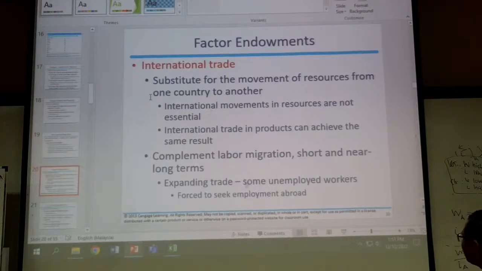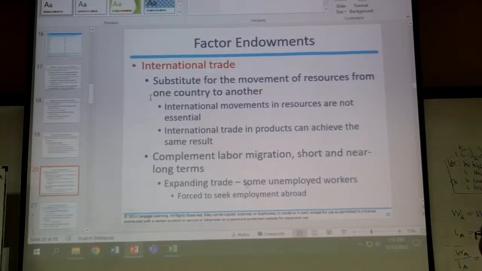Trade complements labor migration, in the short and near long terms. With expanding trade, some unemployed workers will be forced to seek employment abroad.